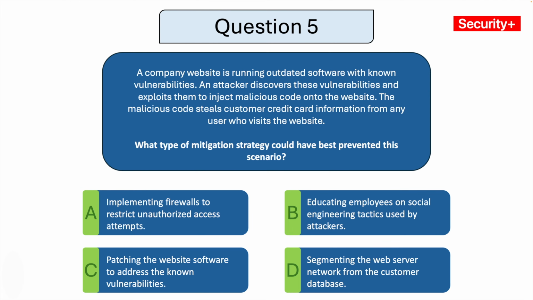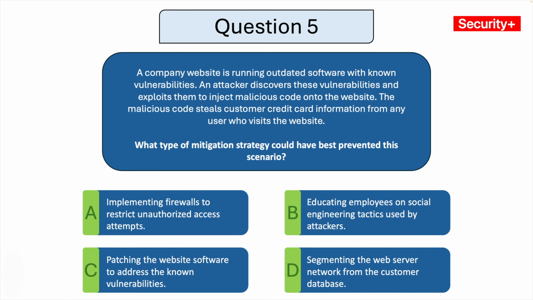Question 5. A company website is running outdated software with known vulnerabilities. An attacker discovers these vulnerabilities and exploits them to inject malicious code onto the website. The malicious code steals customer credit card information from any user who visits the website.